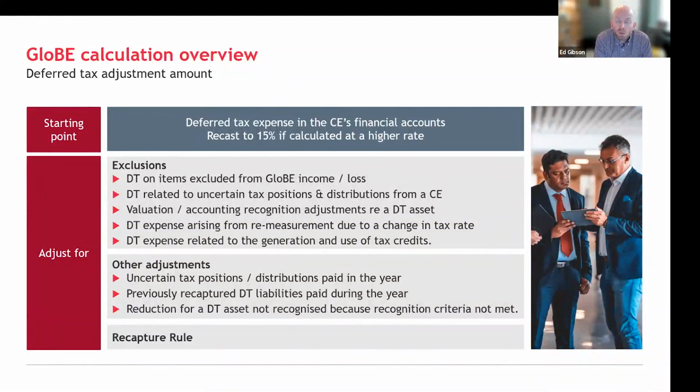There is a recapture rule, which is the last point on this slide. So that says that any deferred tax amounts that have been accrued for a timing difference that don't reverse within 5 years basically then need to be added back in that year 5, and that then leads to an adjustment to your covered taxes and your Pillar 2 taxes in that accounting period.